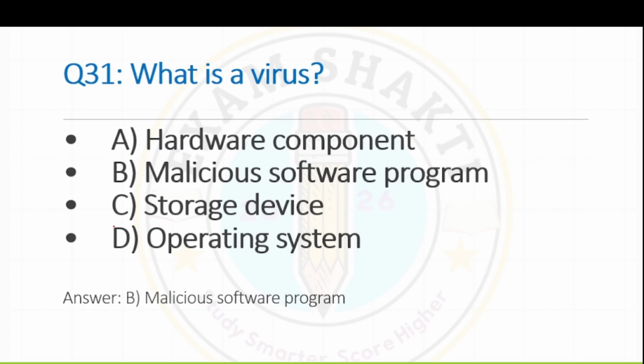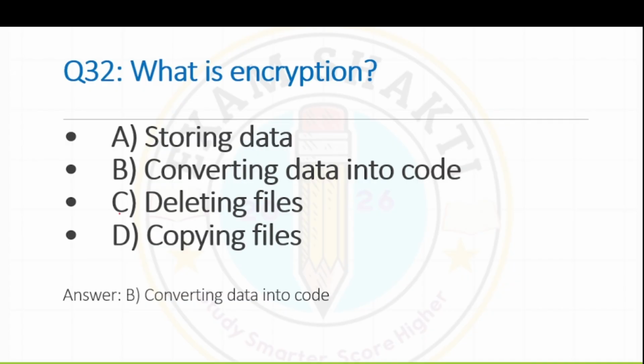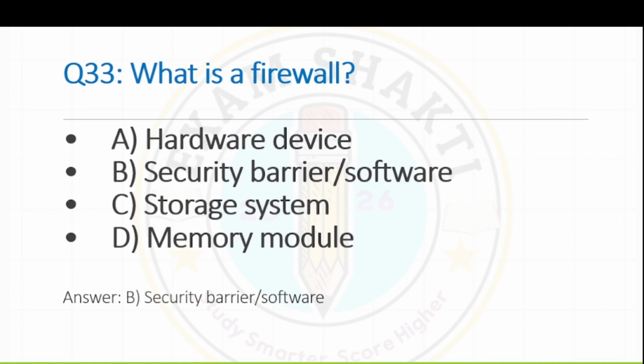What is a virus? Hardware component, malicious software program, storage device, operating system. B, malicious software program. What is encryption? Storing data, converting data into code, deleting file, copying file. B, converting data into code. What is a firewall? Hardware device, security barrier or software, storage system, memory module.